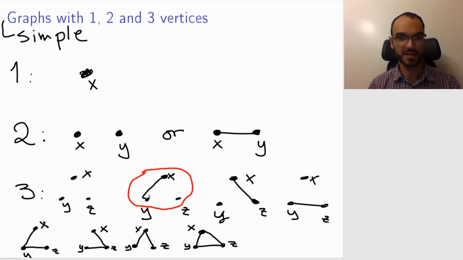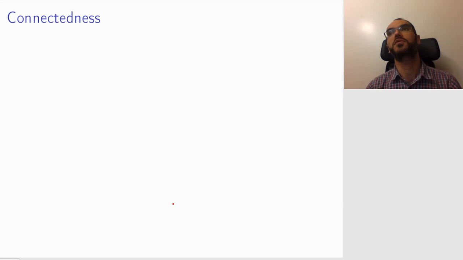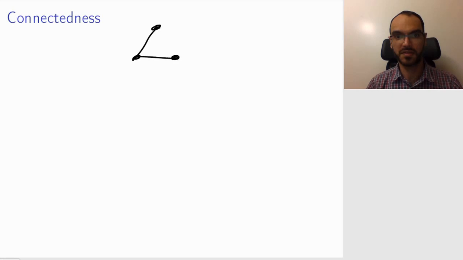X, Y looks like one graph by itself, and Z looks like one graph by itself. And this brings us to the notion of connectedness. So when you have a graph, roughly speaking, it is connected if somehow all pieces sit together like that.